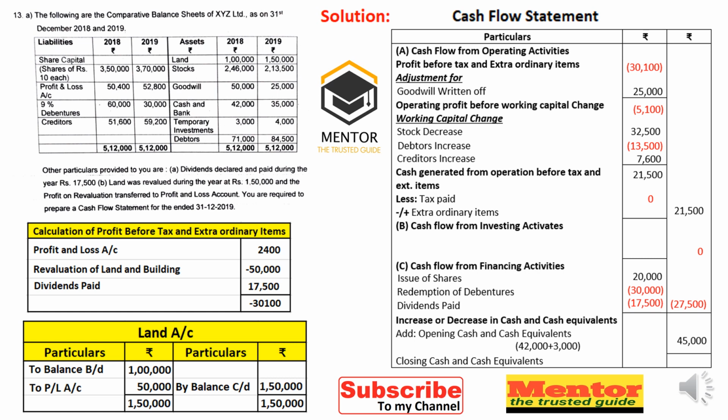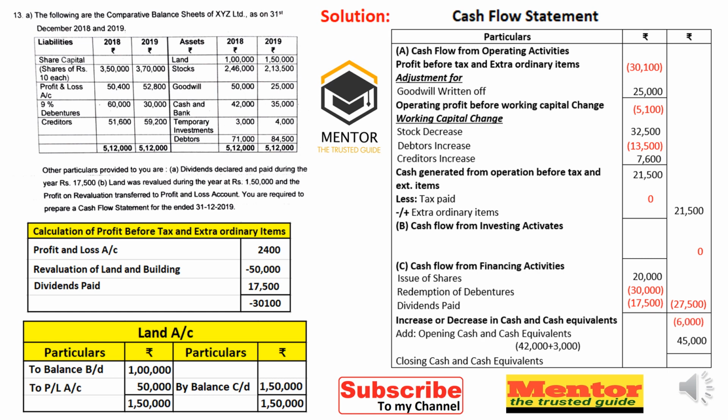Then we calculate the financing activity. Three values we have: 20,000 minus 30,000 minus 17,500. Therefore we are getting the figure 27,500 negative, right? So in this way we have calculated cash used in financing activities 27,500. So three values we got: investing is 0, operating and financing.